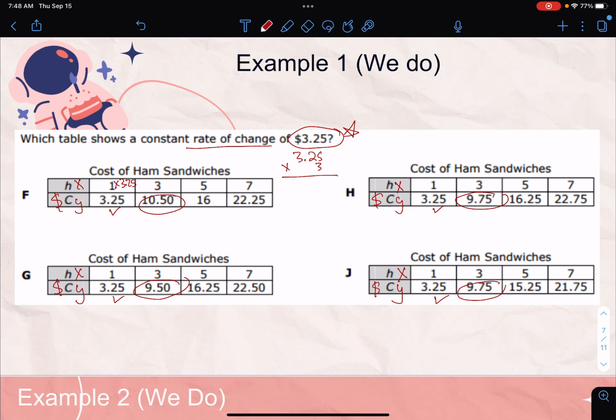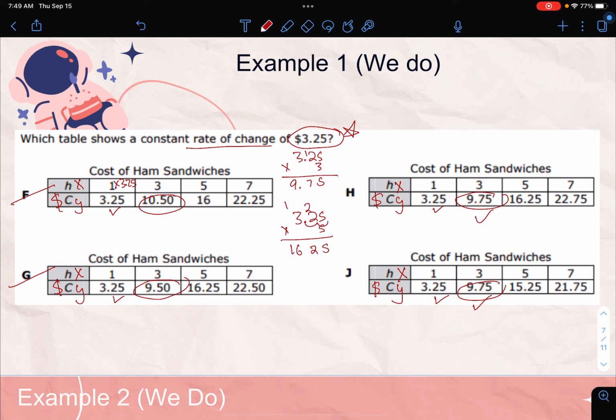If that number is incorrect when you multiply, then you're going to cross that out. So 5 times 3 is 15. 3 times 2 is 6, plus 1 is 7. 3 times 3 is 9. Write a decimal, so 975. I can cross out F and I can cross off G. My next number, because these two were correct, is times 5. 325 times 5. 5 times 5 is 25. 5 times 2 is 10, plus 2 is 12. 5 times 3 is 15, plus 1, 16.